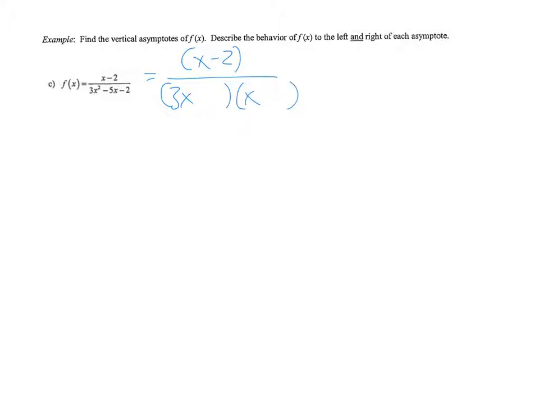I had to think about how these numbers are going to come together, but I would have a plus 1 right there and a minus 2 for this one. So notice we have a hole at x equals 2. Okay, so really what I'm left with is 1 over 3x plus 1. So that means I have a vertical asymptote at x equals negative 1/3.